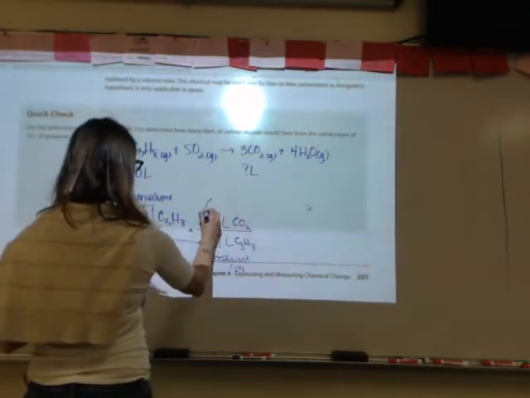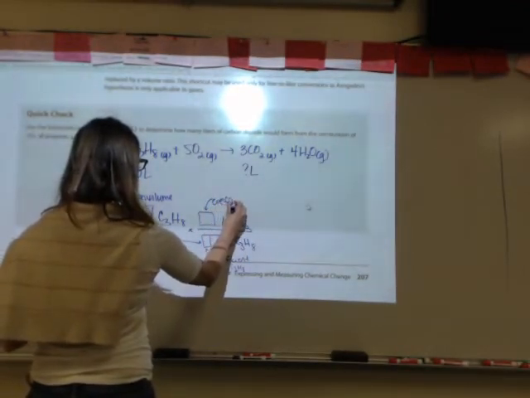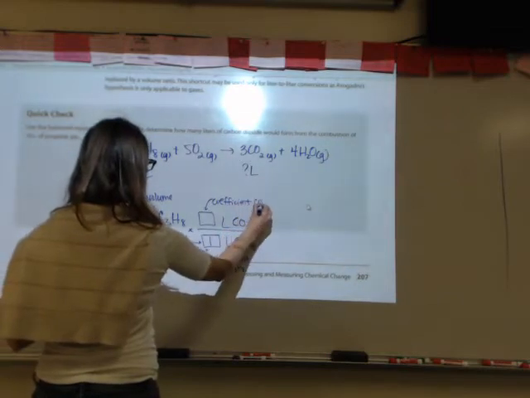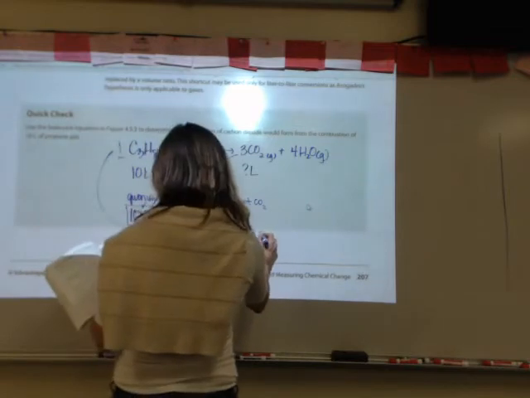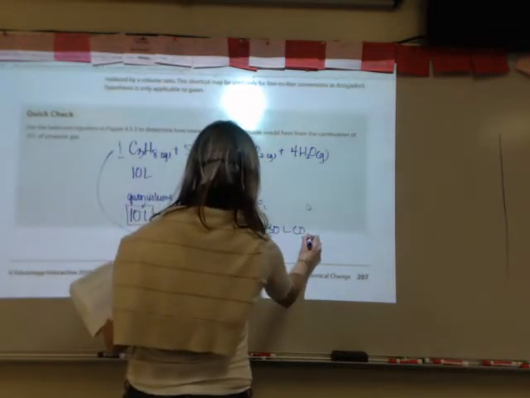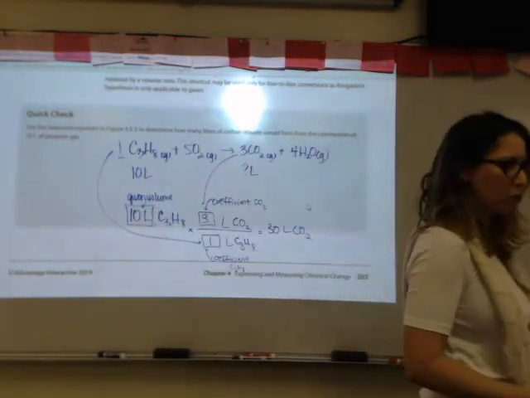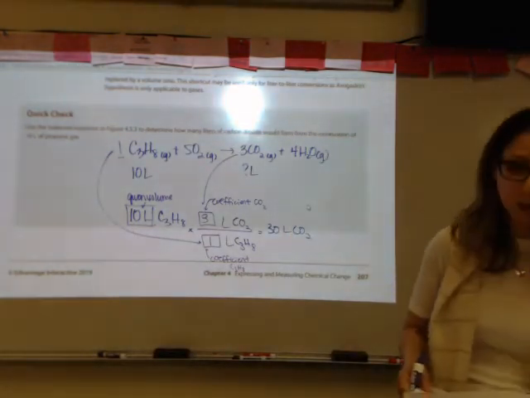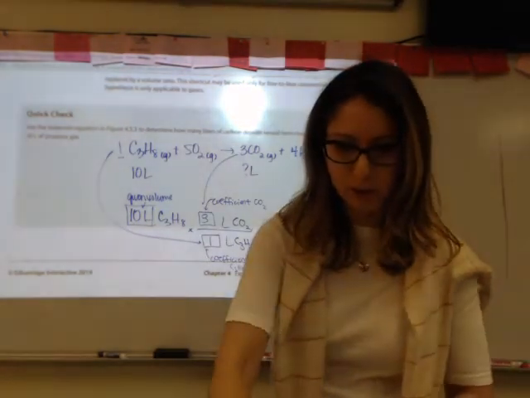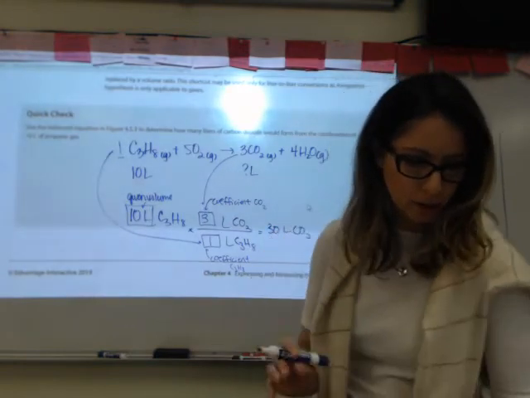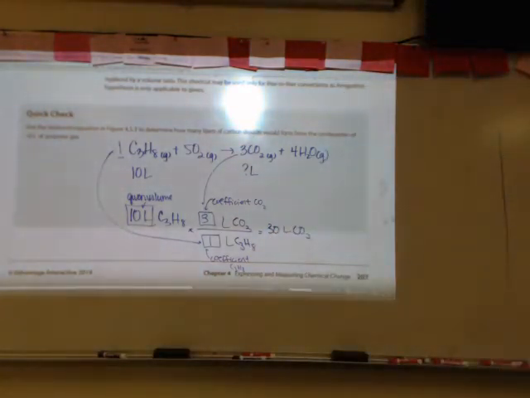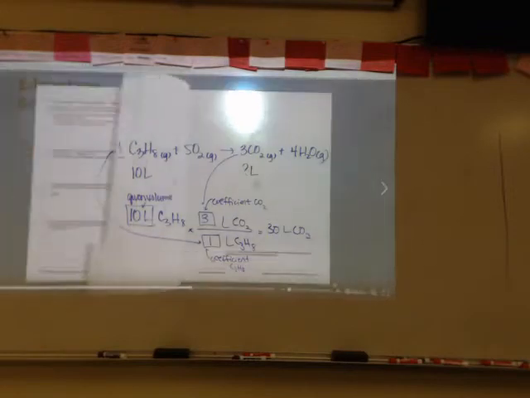The number that goes here is the coefficient that is on CO2. So this is a 3. So this is going to be 30 liters of CO2. So I can do this liter to liter problem, liters of A to liters of B, because everything is a gas in that equation. Let's go to the next page.